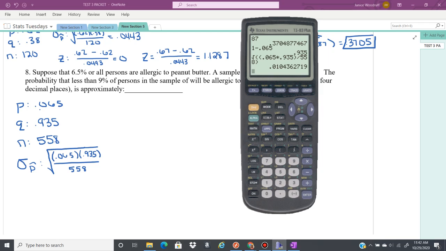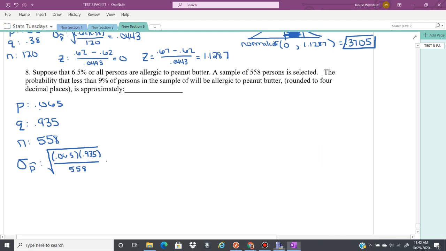So it's going to give us 0.0104. Okay, and now we want the probability that p hat is less than 9%, so 0.09. So we need to convert that to a z-score.